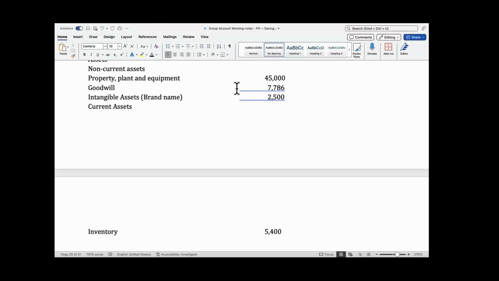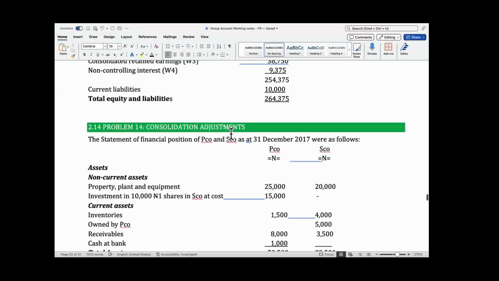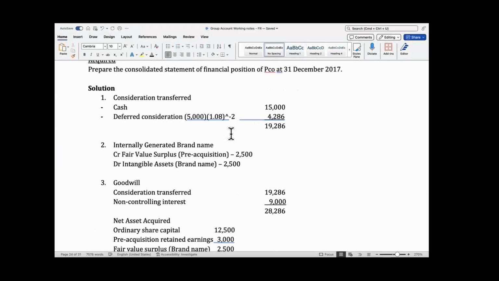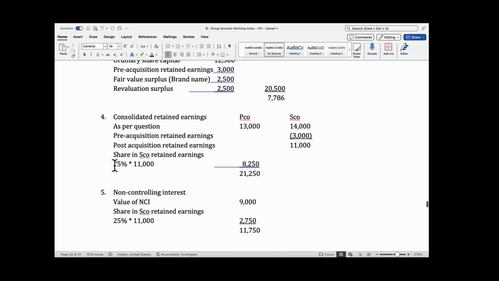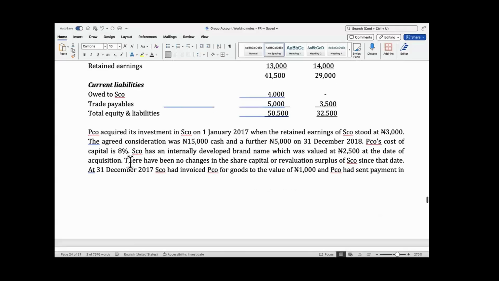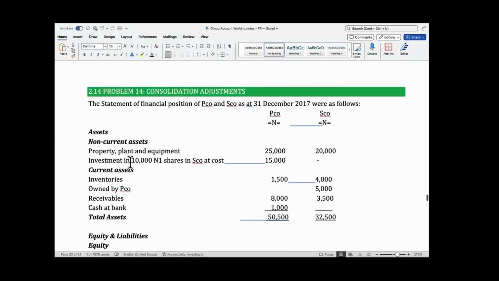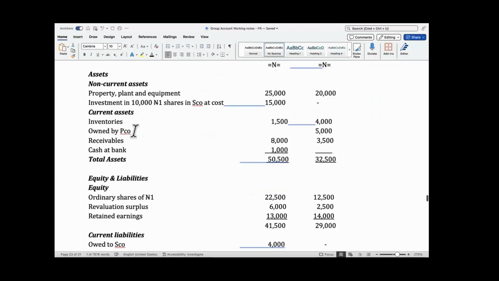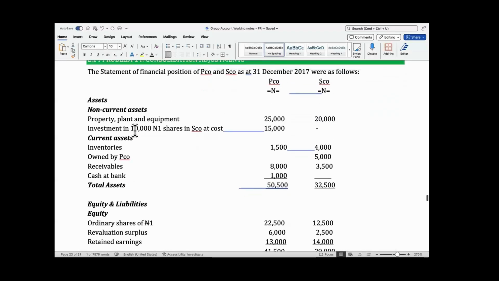Okay, somebody is asking a reasonable question. How did you get this 75%? I used this 75% because we have been using 75% in all our questions. So can anyone confirm what percentage holding the parent has in Escrow?